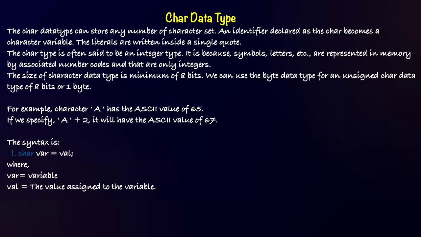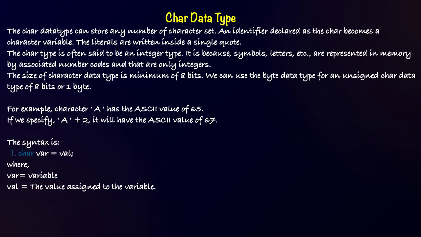The literals are written inside a single quote. Whenever we are mentioning any kind of character, dear students, anything can be assigned as a character, even numeric values. We need to write it within a single quote to consider it to be a character. That is how we assign the value, and that is how we declare it.